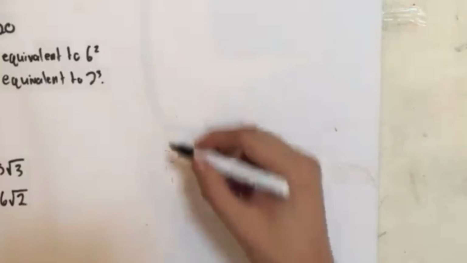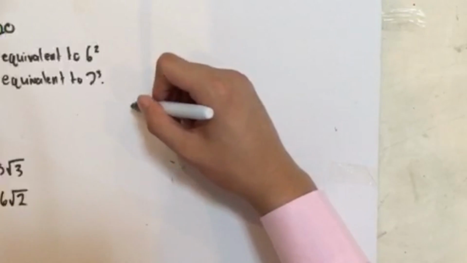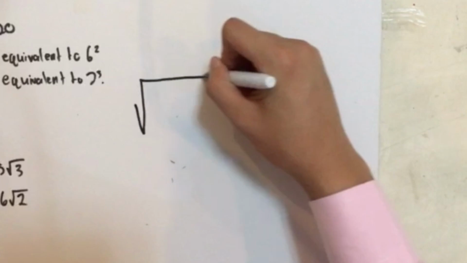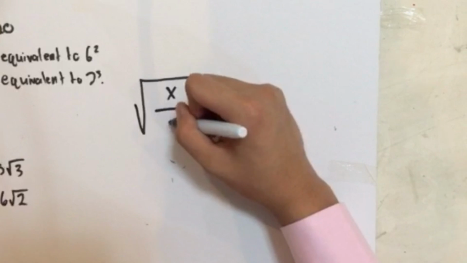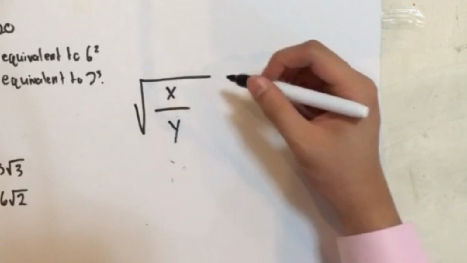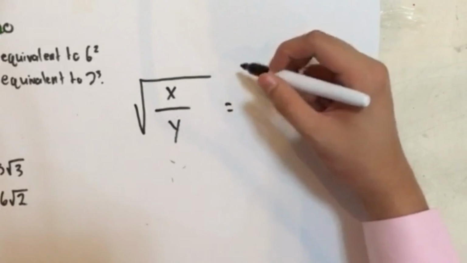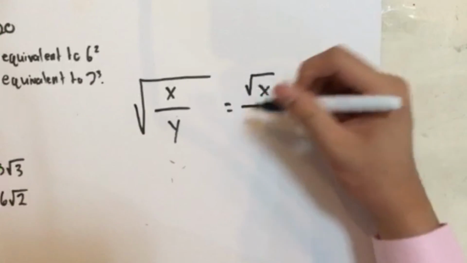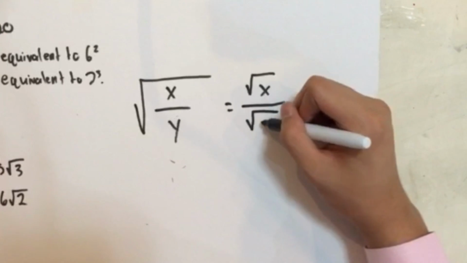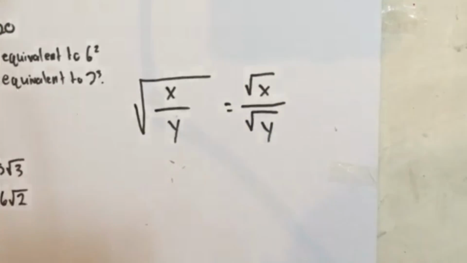Another important rule of radical expressions is that the denominator should not be a radical expression. How do you simplify this?